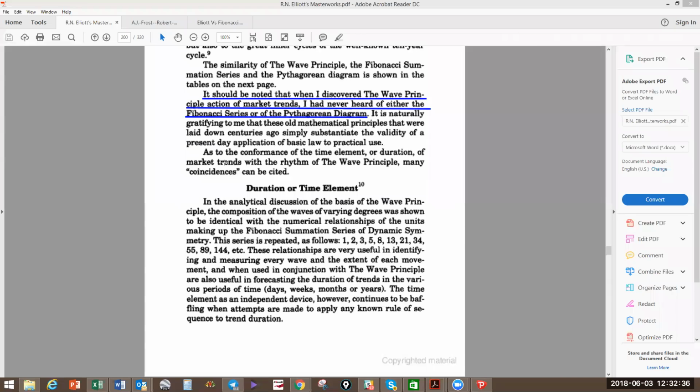Okay? So Elliott did not know Fibonacci. Pythagoras did not know Fibonacci. Fibonacci did not know Pythagoras, but all their works are confirming the same thing, that the world is governed by law.